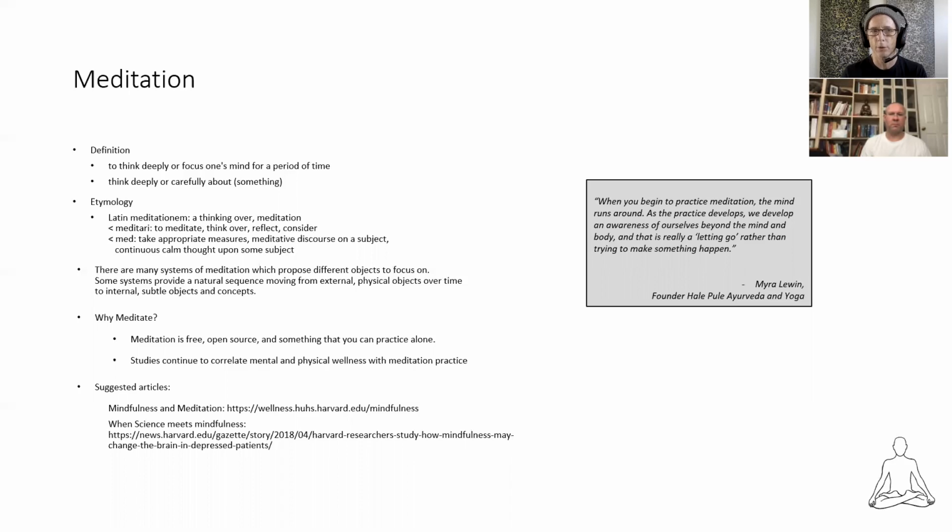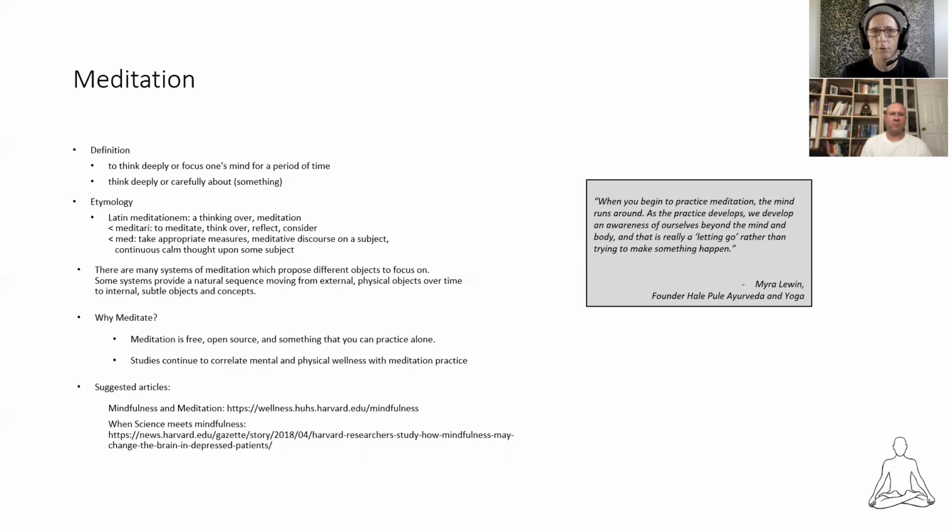The etymology, which is where the word meditation originally came from, like what language. We use it a lot in English, but originally it was a Latin word. I believe it's pronounced meditationem, but eventually that means a thinking over.